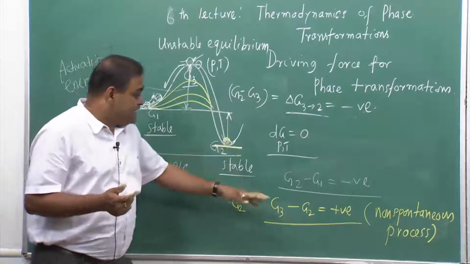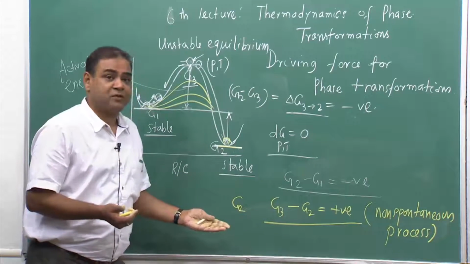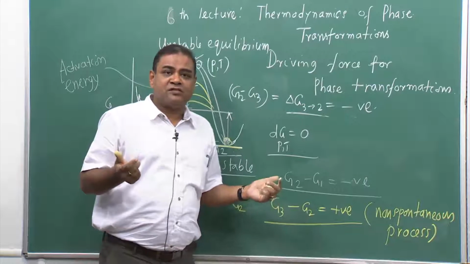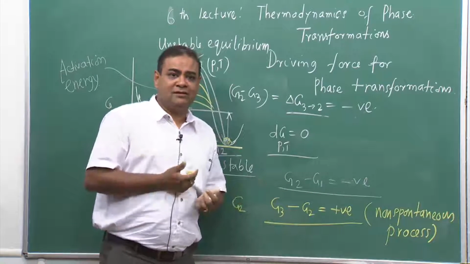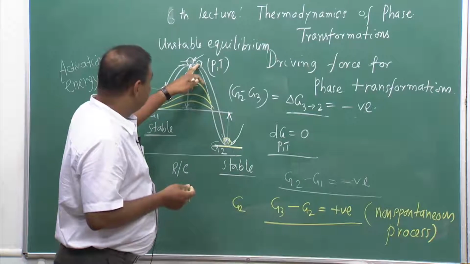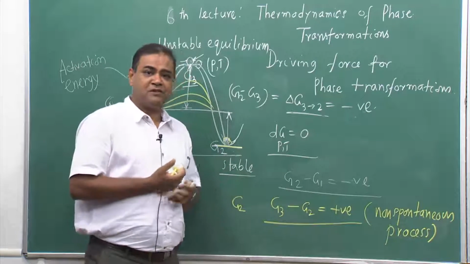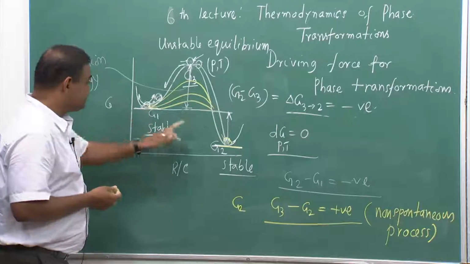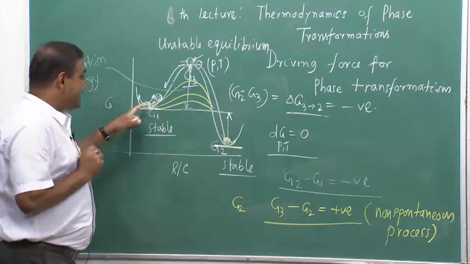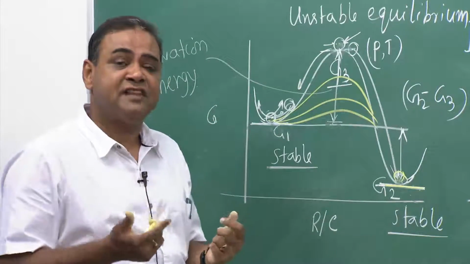So, if the free energy change is positive, that is a non-spontaneous process, and we can immediately say that this process is impossible on its own. But if we take this to this, then the process is spontaneously possible. If I see this to this, the process is possible with a catch, that it has to cross this particular barrier. That means I have to give sufficient excitement.